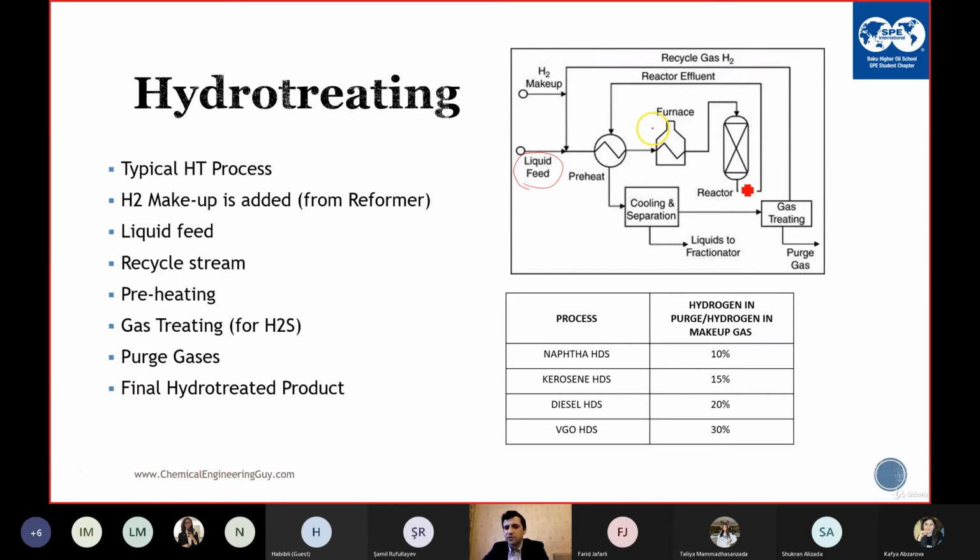After reaction, we use the heat of the products to preheat the feed to the furnace, as was the case for CCR. Then the reactor products are cooled further and separated. You always have a separation and purification section after reaction. You separate the gases and the liquids. Some of the hydrogen gas is recycled back to the system, and some is purged.